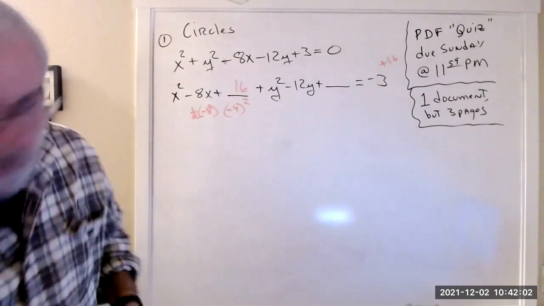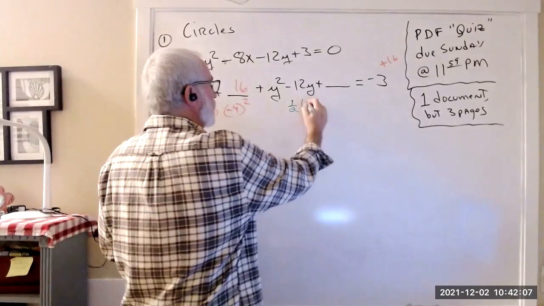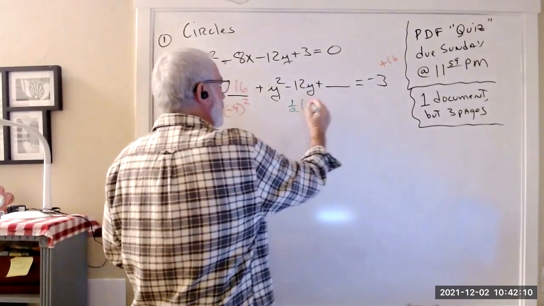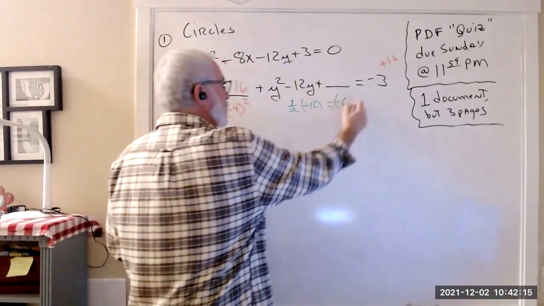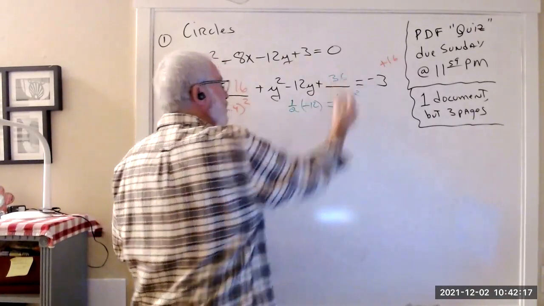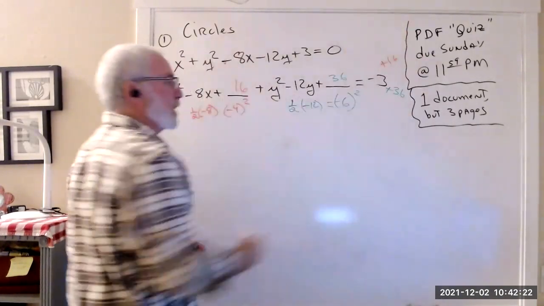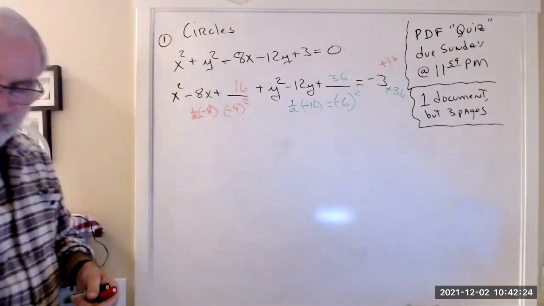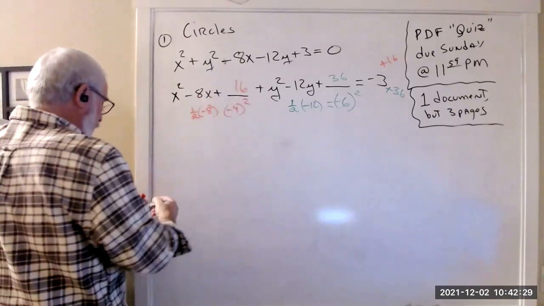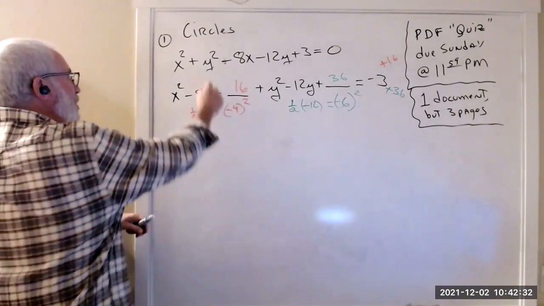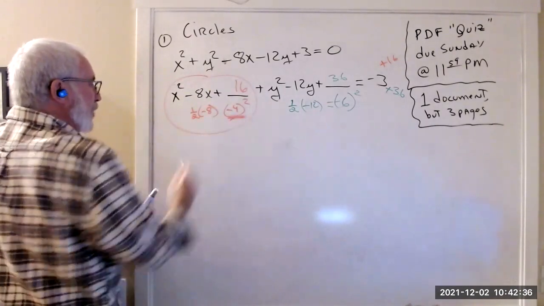Then you complete the square on the y's. You do the same thing. Half times -12, whoops, is -6, but then you square it and get 36. So you add 36 to the other side of the equation. Then what happens is this quantity factors, and it factors using that number.